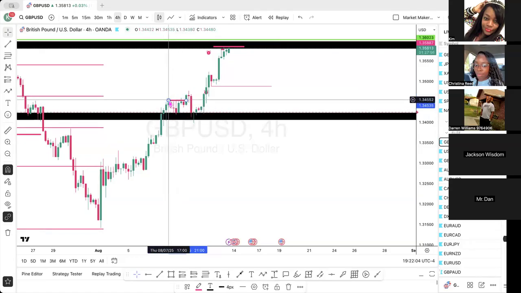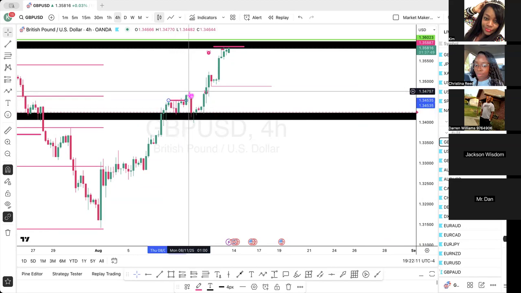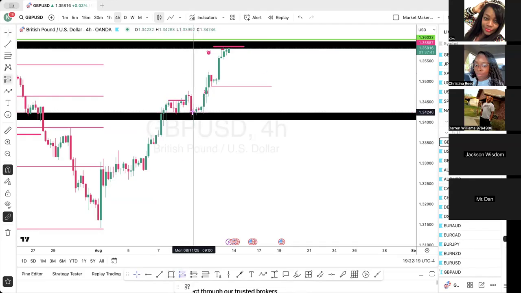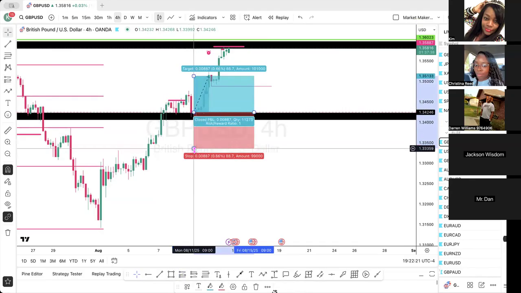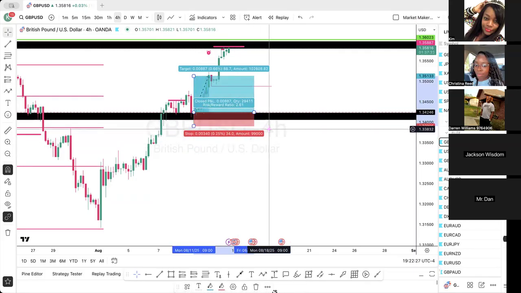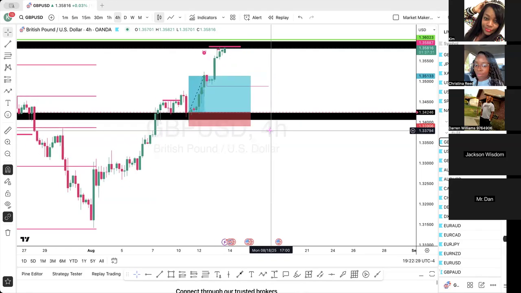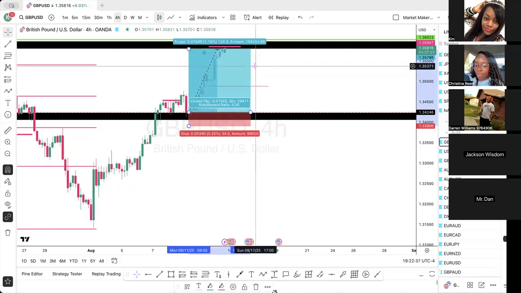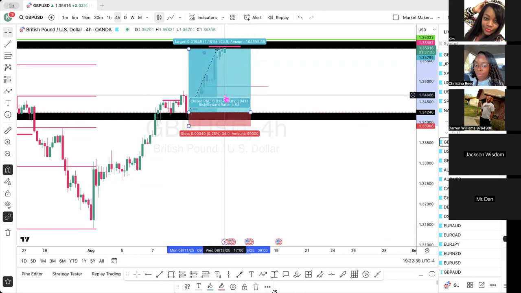Once it pulls back, I want to see it break this high, right? This was a high. It pulled back to my zone. I want to see it break the high. I got an order block. As soon as this broke, I would have said, okay, let's put our limit there. I would have covered this little low over here, and then I would have just taken my TP at the top of this zone, at the bottom of this zone. What's that? 154 pips.